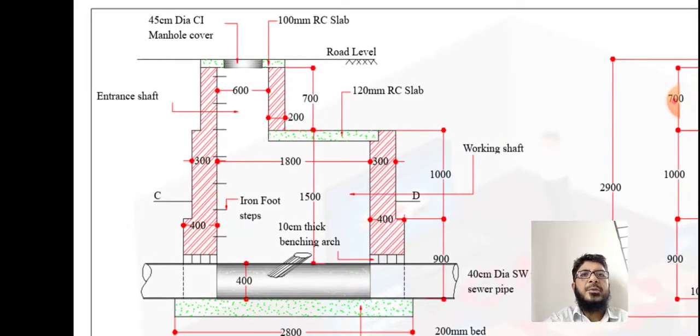From road level you can see the 450 mm dia CI manhole cover that is fixed to a 100 mm RC slab. Then a small entrance shaft is there which has a clear width of 600 mm, and its depth below the 100 mm RC slab is 700 mm.